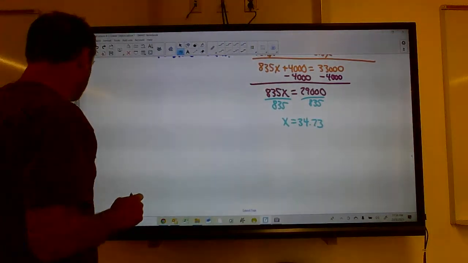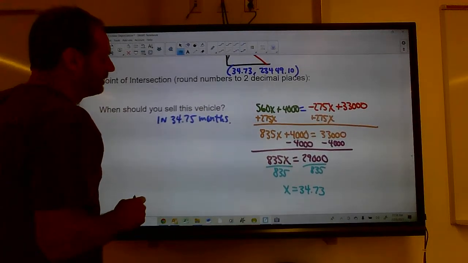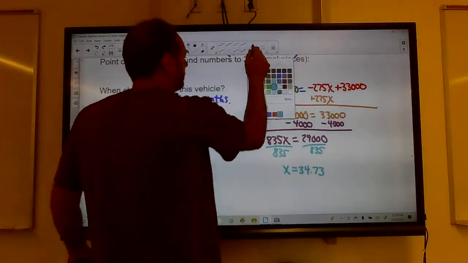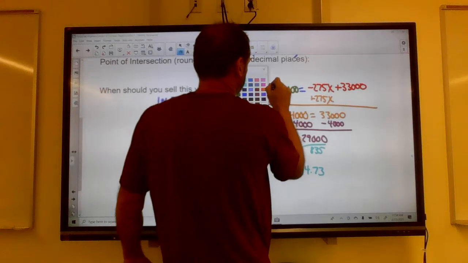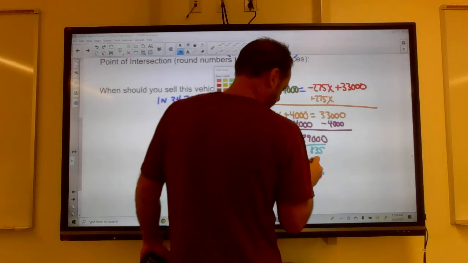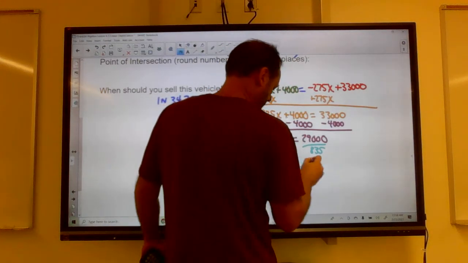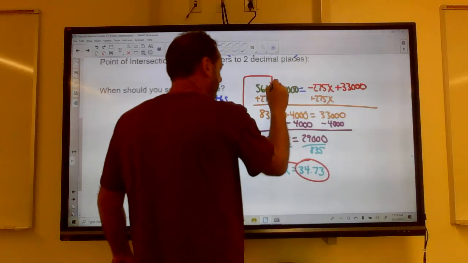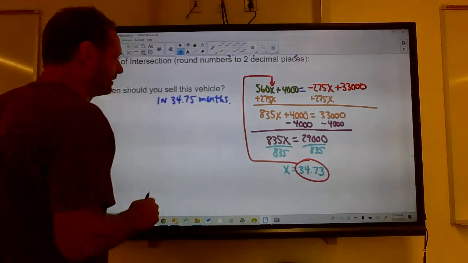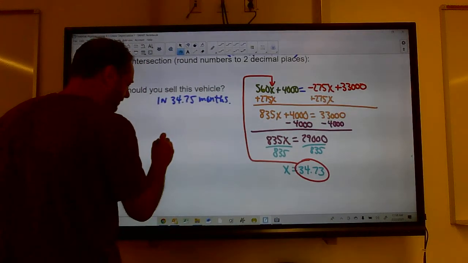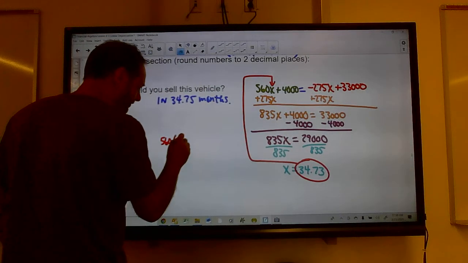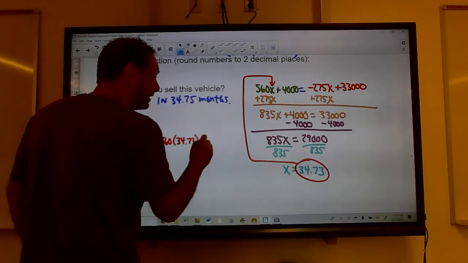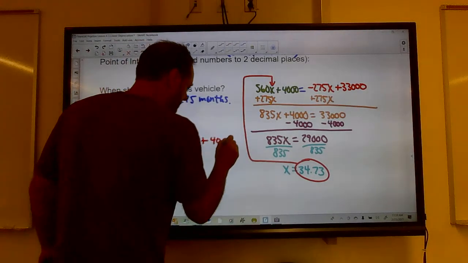Okay, now if I need the value of the car, I'm going to take this value right here. I'm going to plug it in for x. So I'm going to get 560 times 34.73 plus 4,000.